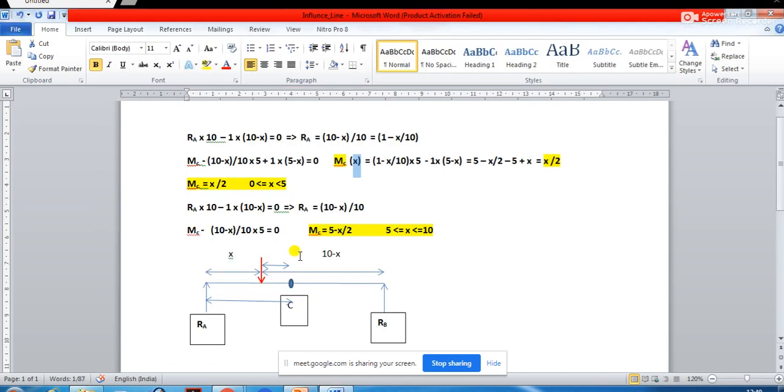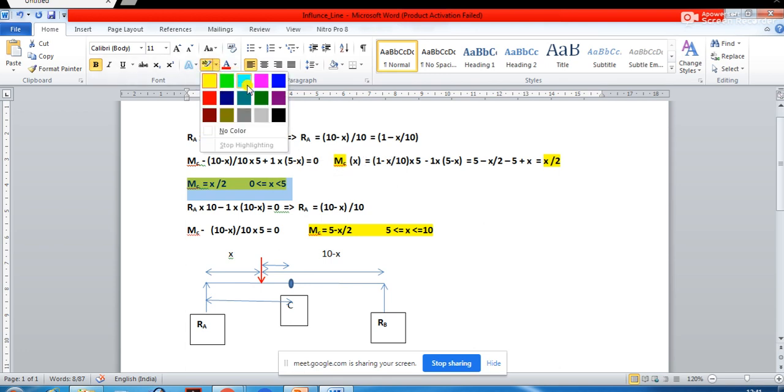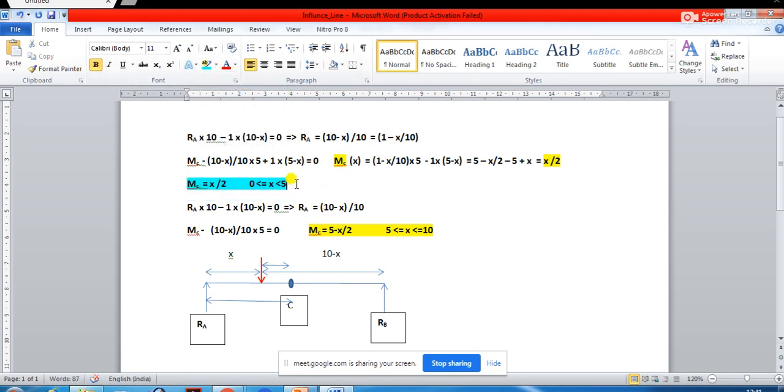That means from this distance, at this point A, the value of x is going to be equal to 0. Now that x will be gradually increasing, and when x reaches 5 up to this point, this moment equation will be valid. Very important to understand.